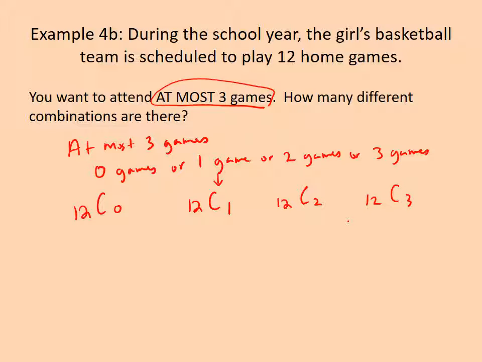Since these are all the possibilities and we have or, we must add them all up: 12 choose 0 plus 12 choose 1 plus 12 choose 2 plus 12 choose 3. When you actually write out those numbers, it's 1 plus 12 plus 66 plus 220. And when you do the addition, that comes out to 299 possible combinations of attending at most 3 games.